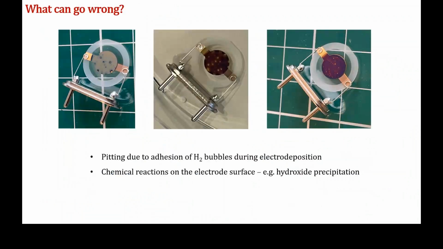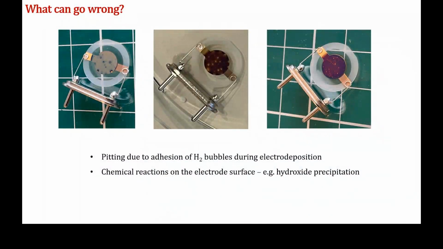Okay, so this is an example of what happens when you co-evolve lots of hydrogen together with nickel reduction, right? This is a particular type of electrode I'll explain later, but here you just have to look at the metallic bit in the middle where the deposit is formed. You can see these circles on an otherwise metallic substrate in the first image, and that's because that part of the surface was covered with hydrogen bubbles for a long time, right?